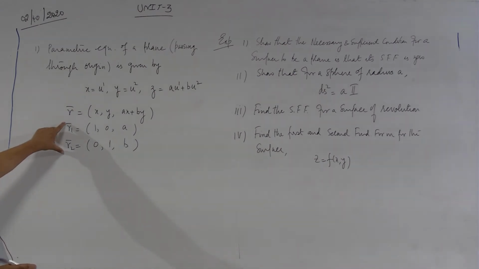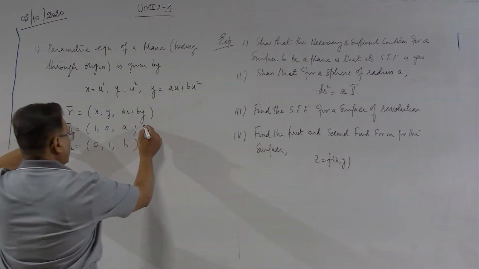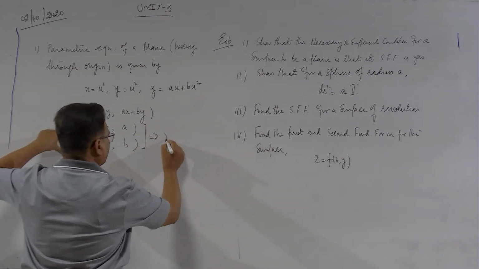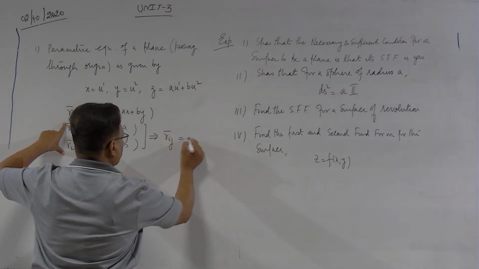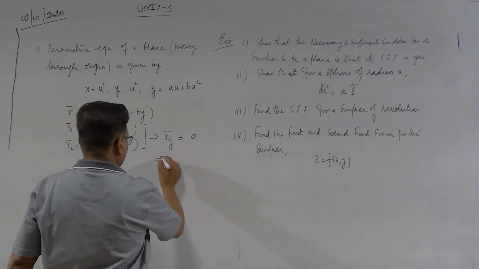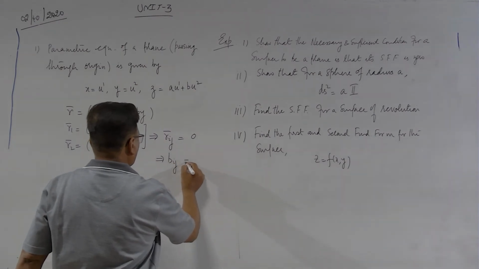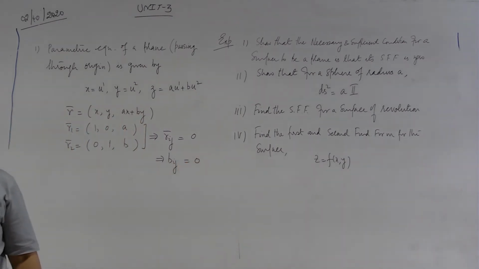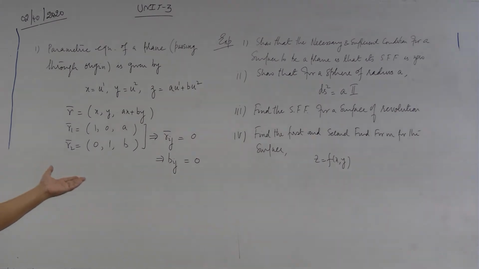So, Rij is a 0 vector, and therefore, Bij must be 0. Once the coefficients of the second fundamental form are 0, the second fundamental form is identically 0 for a plane. So, this is how we can prove the direct part. The other way around is also simple, you can go the other way.